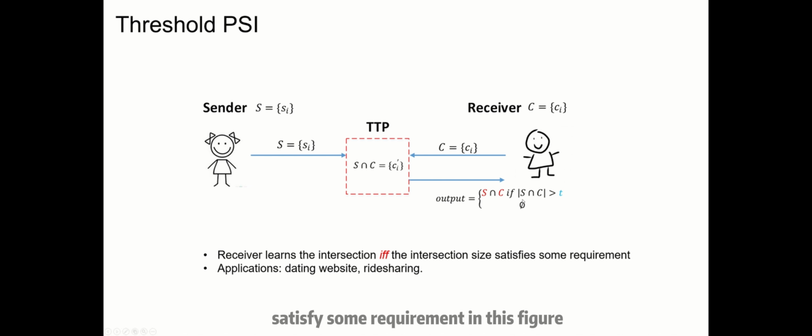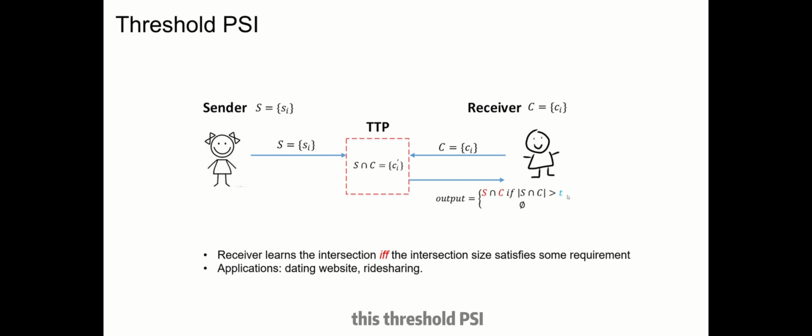In this figure, this requirement is that we hope the intersection size is bigger than a threshold value T. And the privacy requirement is that we don't want to reveal anything else except the intersection itself.